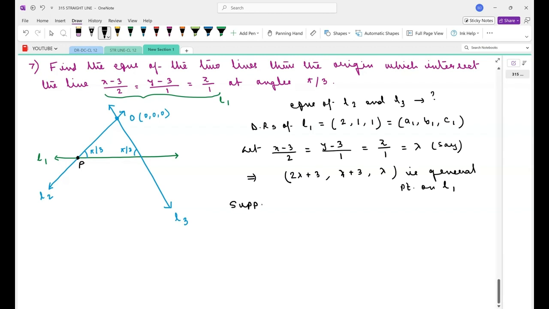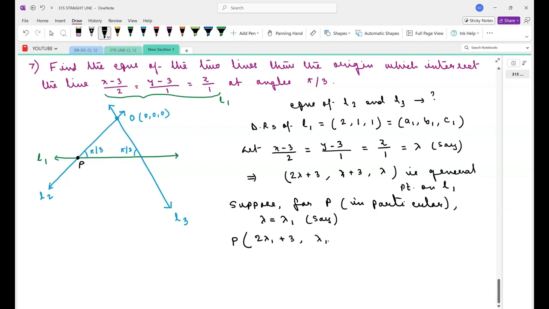Suppose for P in particular, lambda equal to, say, lambda 1. For the specific value lambda 1, we get the point P. So the coordinates of P will be 2 lambda 1 plus 3, lambda 1 plus 3 and lambda 1.